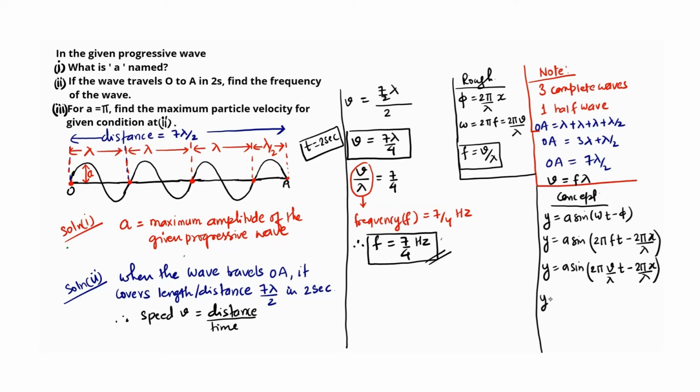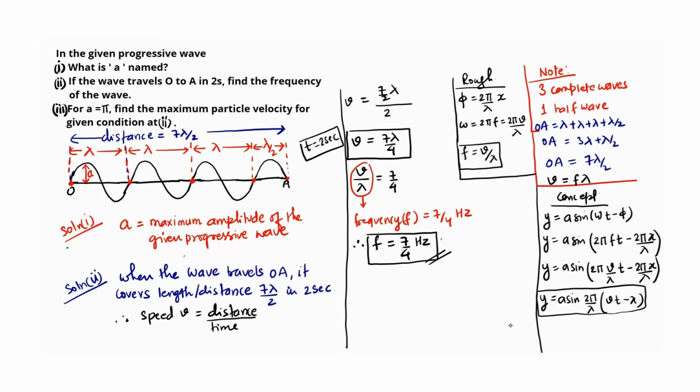So we have y equals a sine, with twice pi by lambda taken common, (vt minus x).